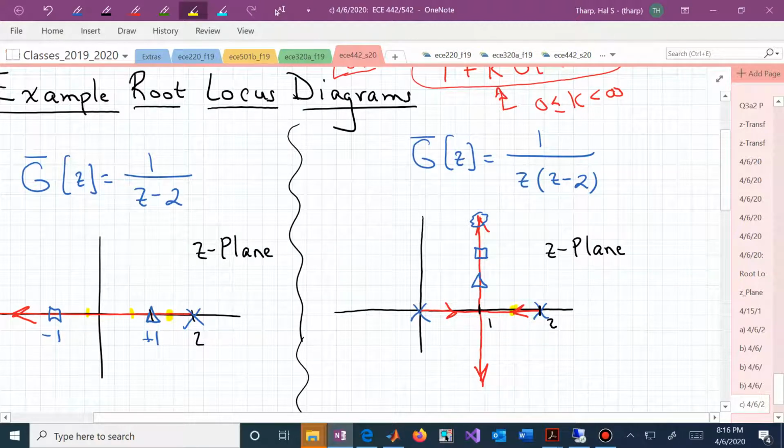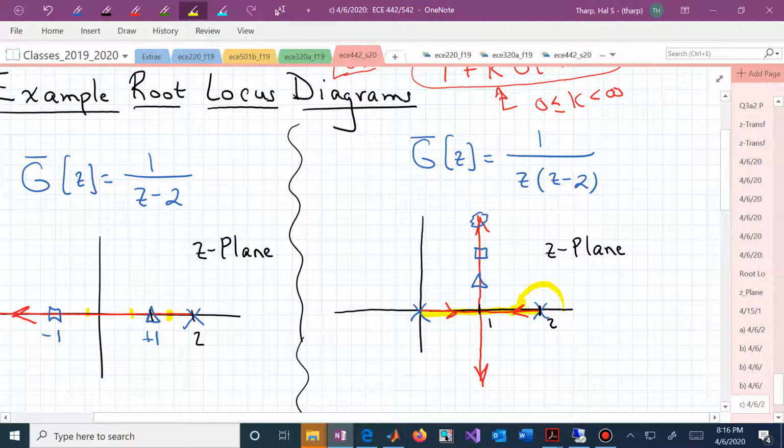At the point I've highlighted in yellow, there's 180 degrees, and the pole at the origin contributes 0 degrees. That means every point on this segment of the real axis belongs to the root locus.